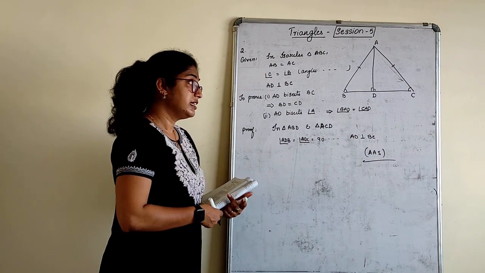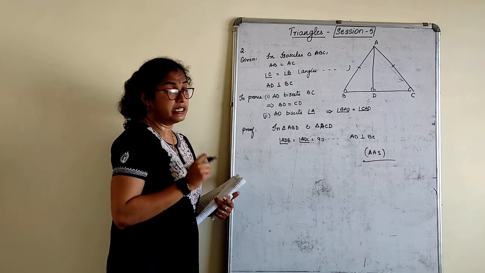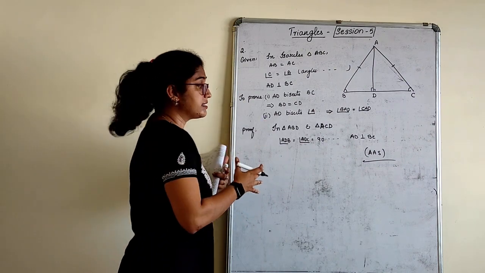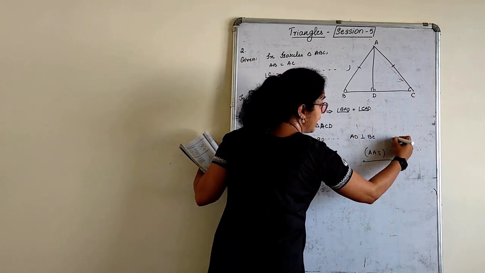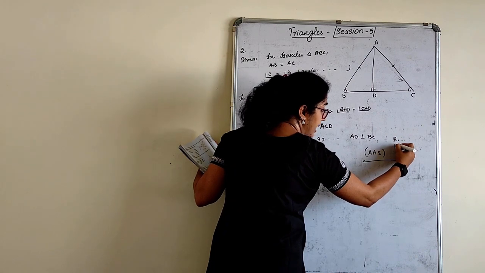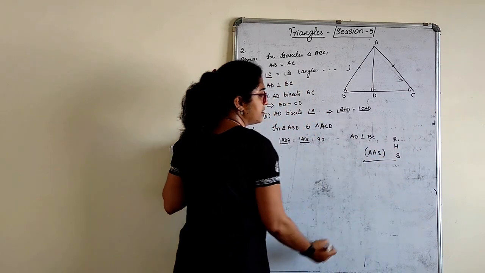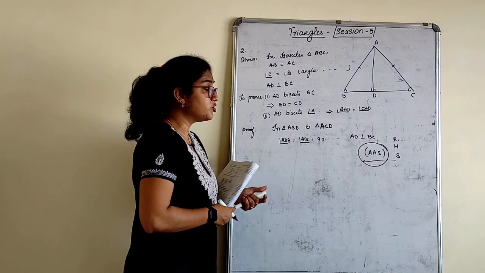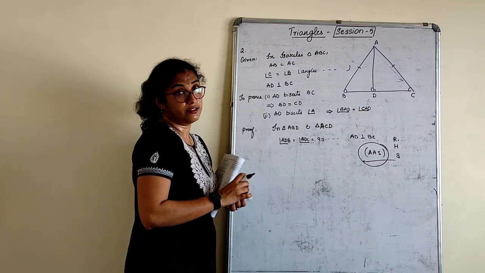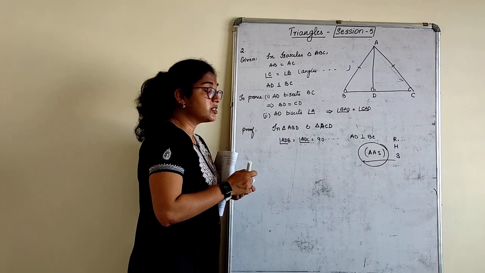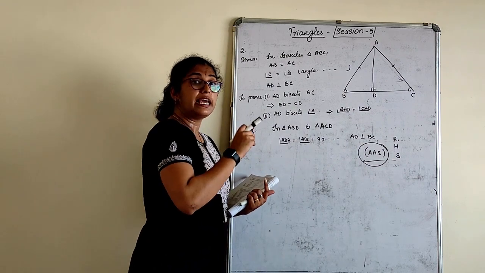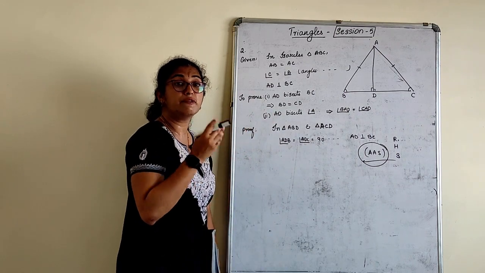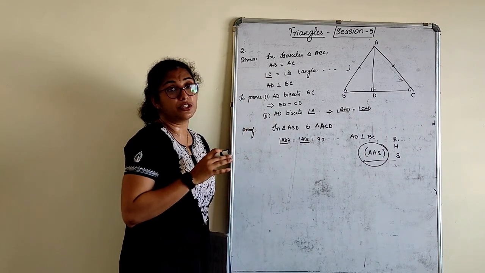Is it correct? Yes, of course it is correct, but the condition is whenever you have the pre-existing given condition where we have one right angle, where we have a hypotenuse and any other side, why should you go for AAS? It is not wrong, but it is not correct doing. Now AAS we choose, SAS we choose, ASA we choose, triple S will not come only. We choose these because we do not have a 90 degree and a hypotenuse.